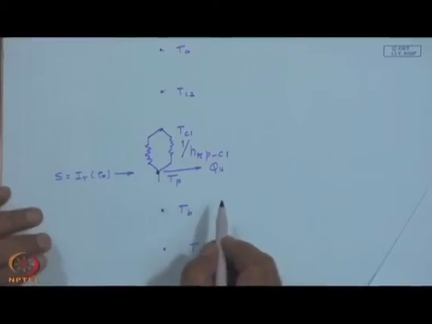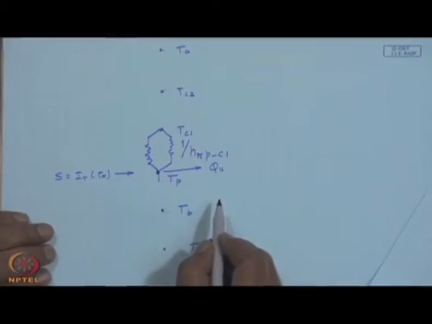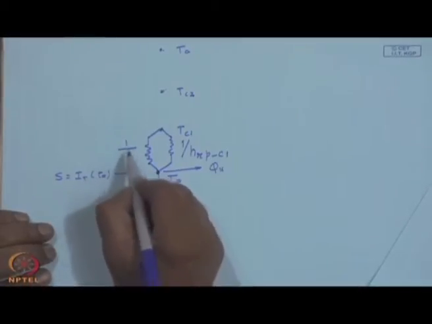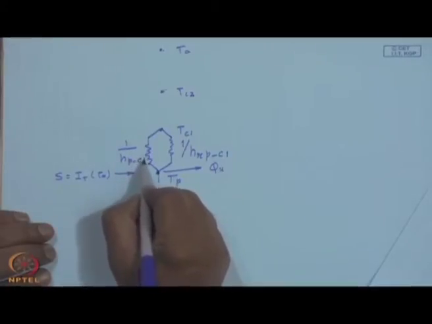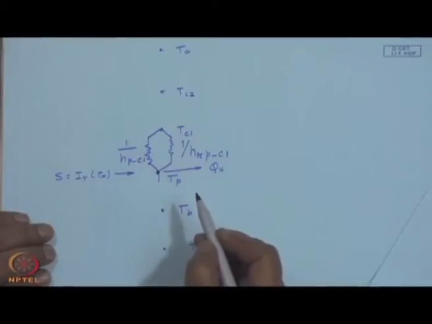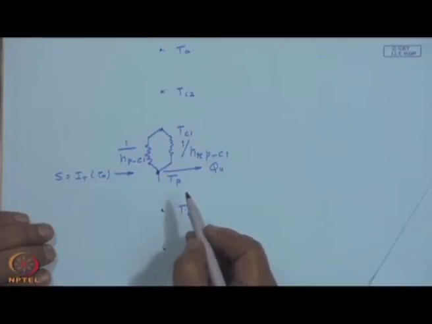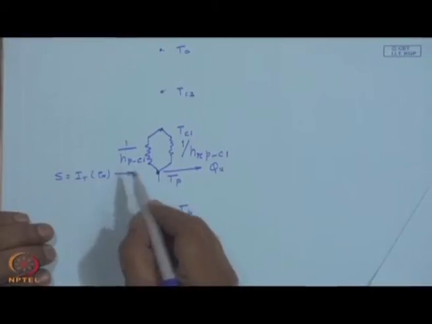So, H r is a radiative heat transfer coefficient and P 2 C 1 is from the plate to cover 1. This will be 1 upon H P 2 C 1, just plate to cover 1, the convective heat transfer coefficient.